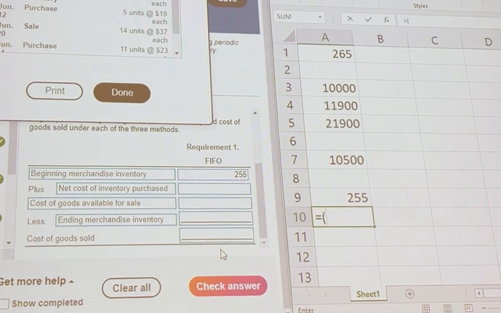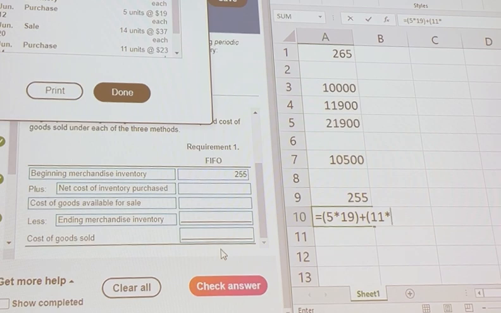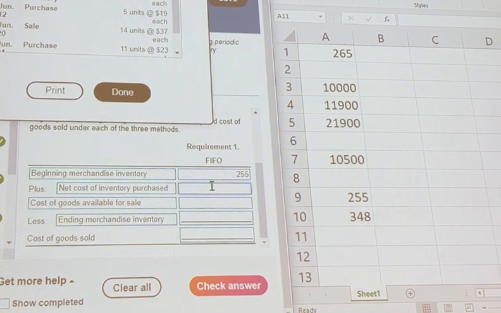The first one is 5 units at $19, and the second one is 11 units at $23. So in total, the purchases would be $348.